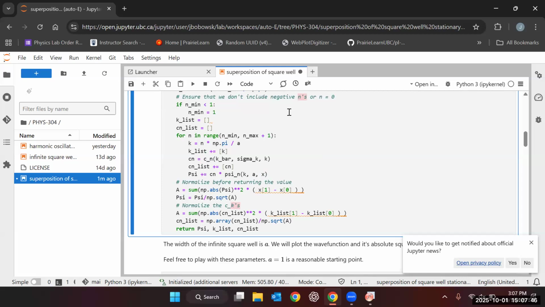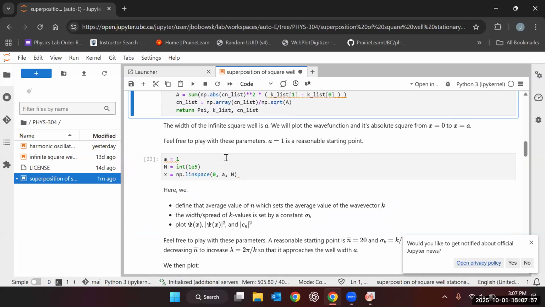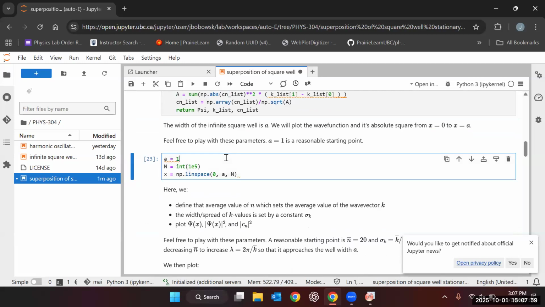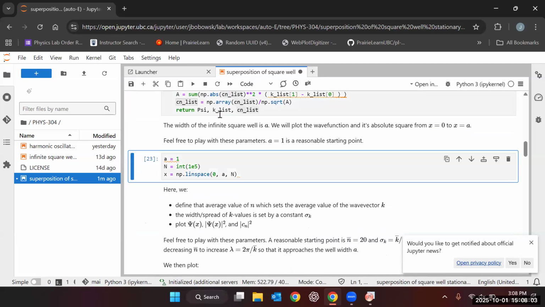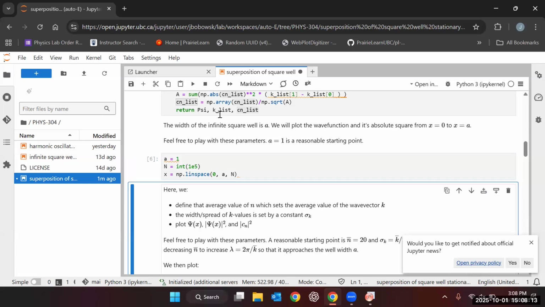So we're just adding a bunch of k states together, where Cn is peaked at some n bar and then tails off. Here's where I'm going to set the size of the well. Let's make sure I evaluate that. I'm going to start with a equals 1, and we're going to plot the wave function. I'll plot 100,000 points inside the well.